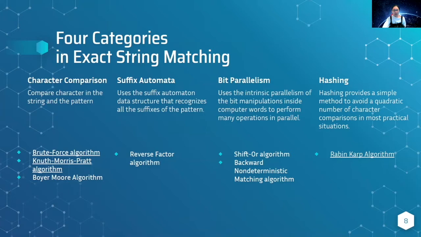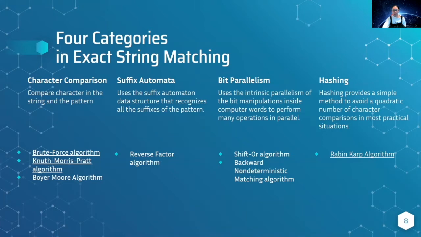Suffix automata use the suffix automaton data structure that recognizes all the suffixes of the pattern. A well-known algorithm is the reverse factor algorithm. Bit parallelism uses the intrinsic parallelism of bit manipulations inside computer words to perform many operations in parallel.